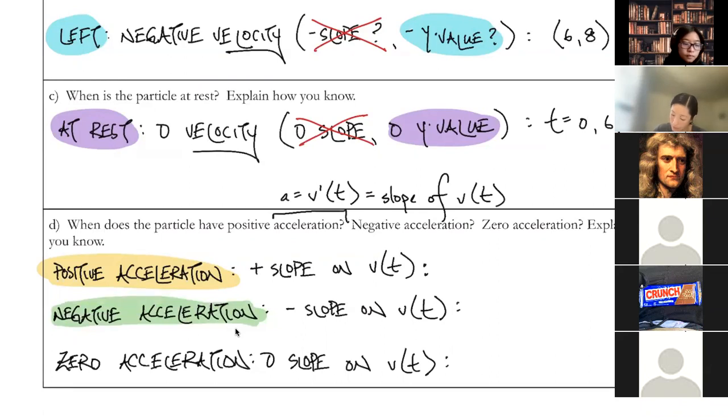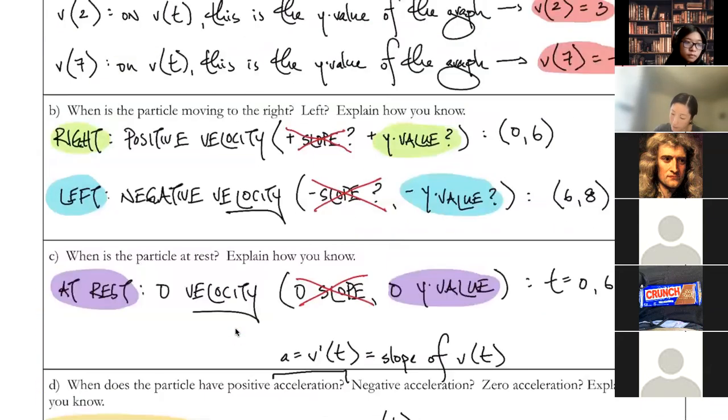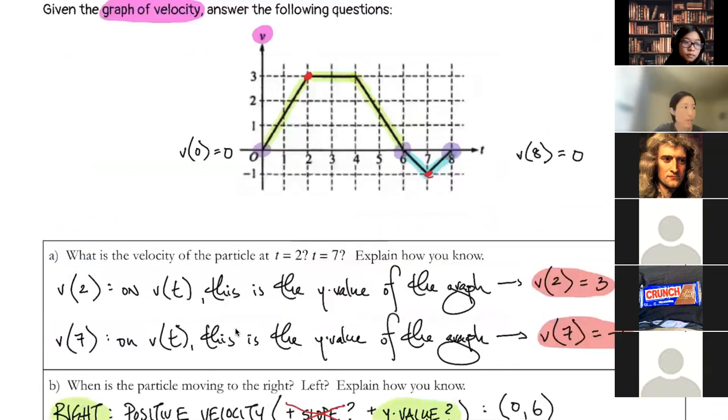Okay, and so if we go back up to our graph, if I'm looking for a positive slope, which regions have positive slope? Exactly. Yep. That would be one region, and 7 to 8.